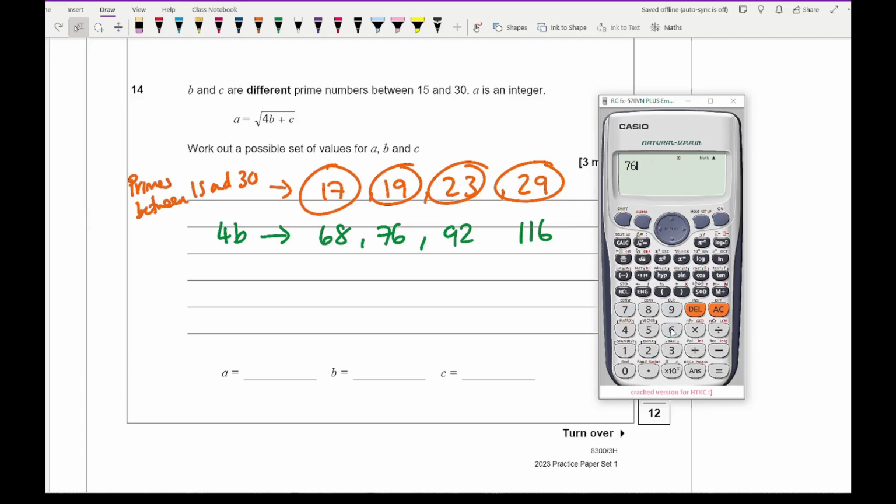So 76 plus 29 gives me 105. That's not a square. I don't need to do 92 plus 23 because I've already used 23.